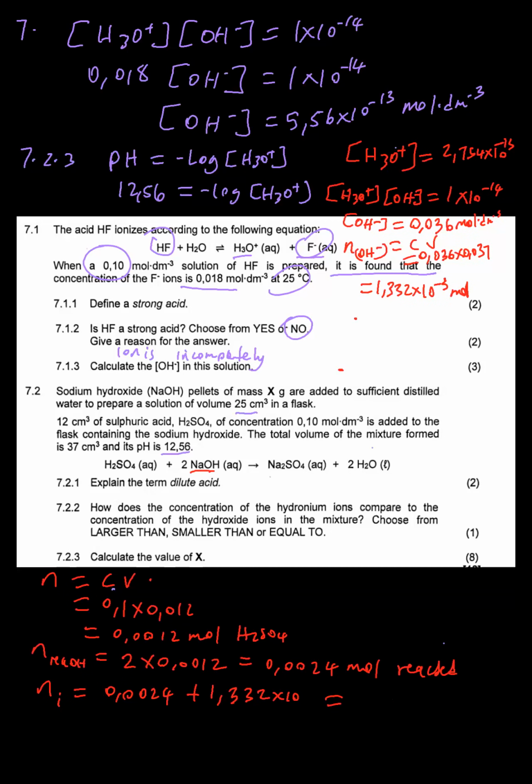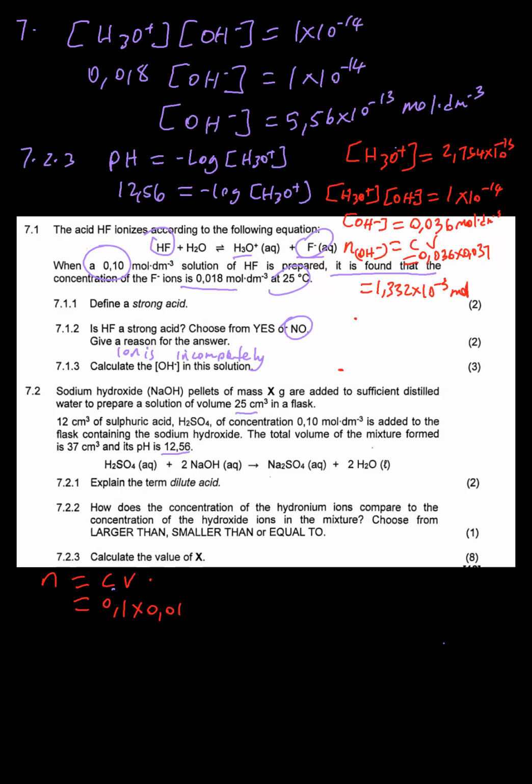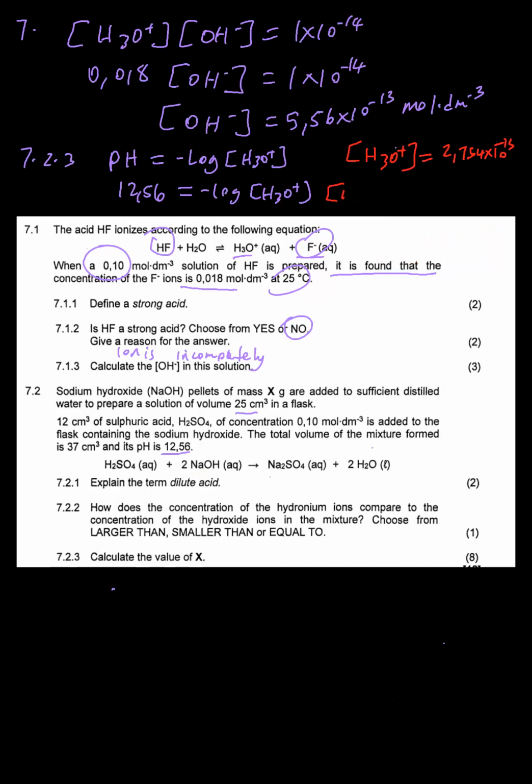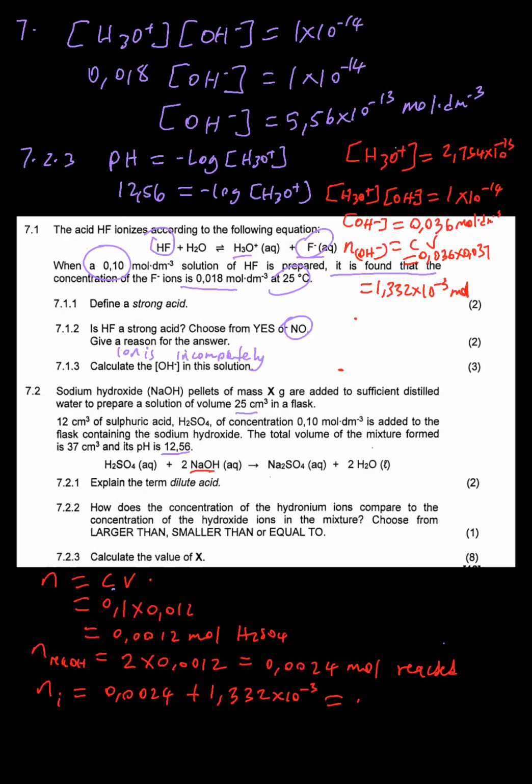I can't round the answer. It's 3.732 times 10 to the exponent negative 3, which means 0.003732.